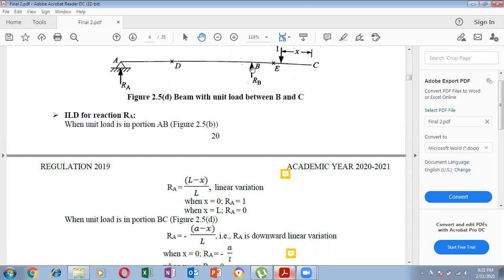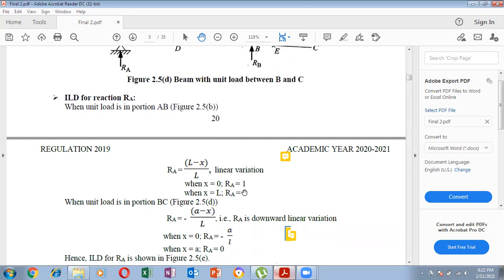While taking moment about B, RA into L minus 1 into A minus X equals 0. Solving this, RA is equal to minus A minus X by L. Now we can apply the boundary conditions.